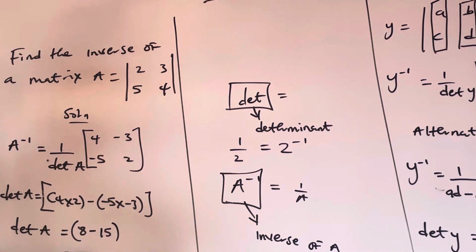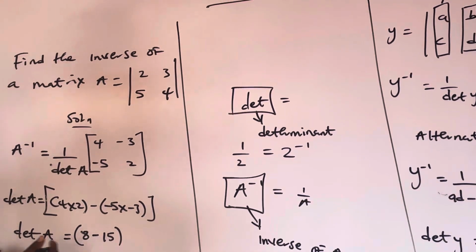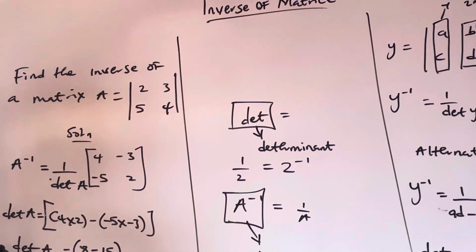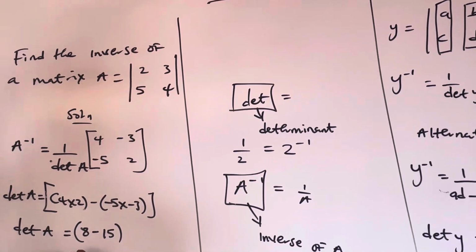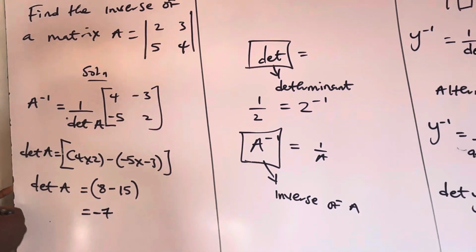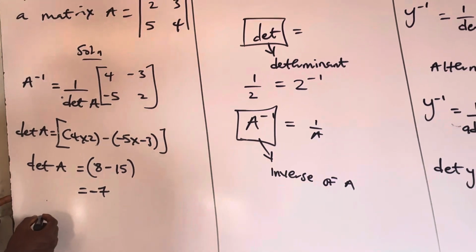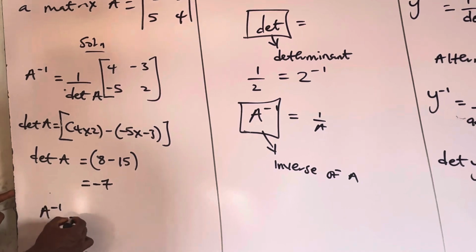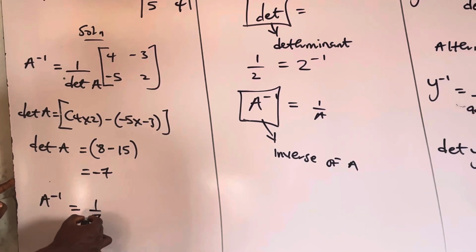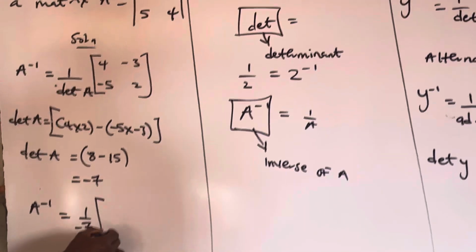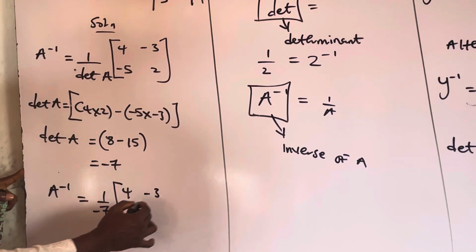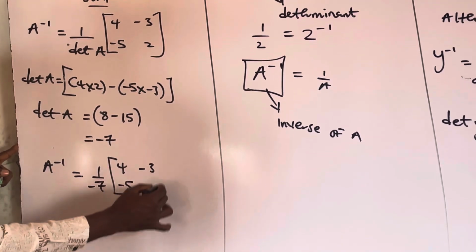So here we're going to have plus 8 minus 15 will give us minus 7. We're going to have minus 7. Is that correct? Yes. So what do you do next? We then say A inverse equal to 1 over minus 7. Then in bracket 4, minus 3, minus 5, 2.